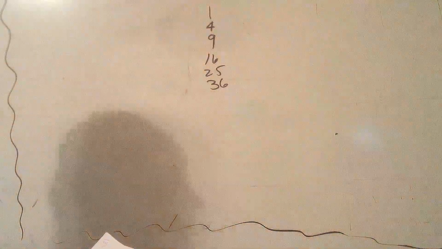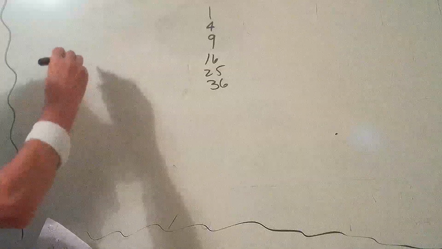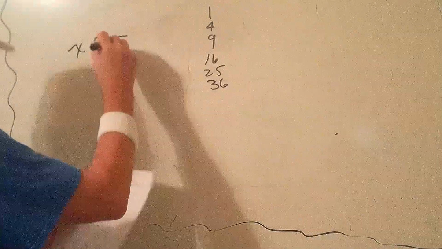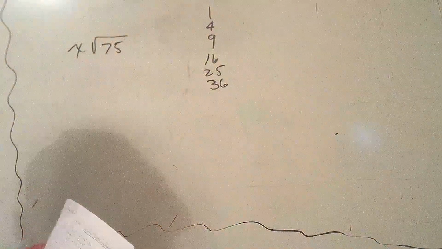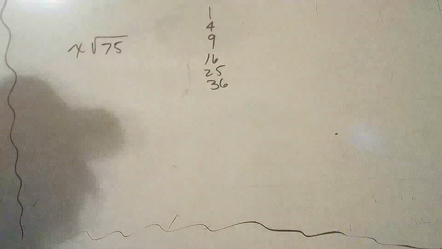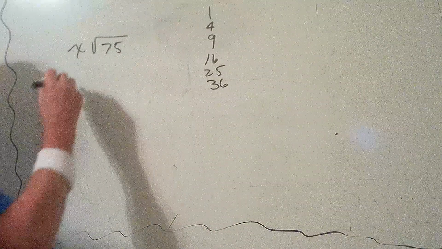So what if we have this? Get this if you're so smart. What if we have x times the square root of 75? Now, 75 is not a perfect square, but can we factor it into something that is? Yes.